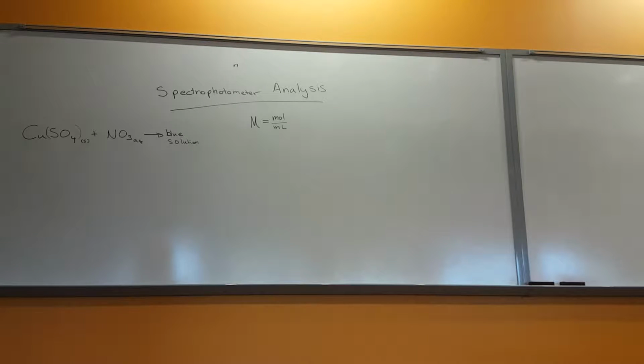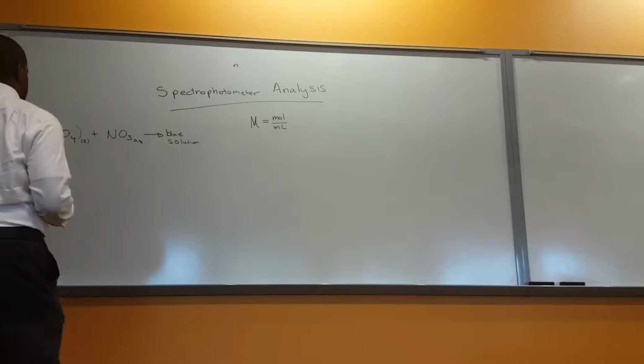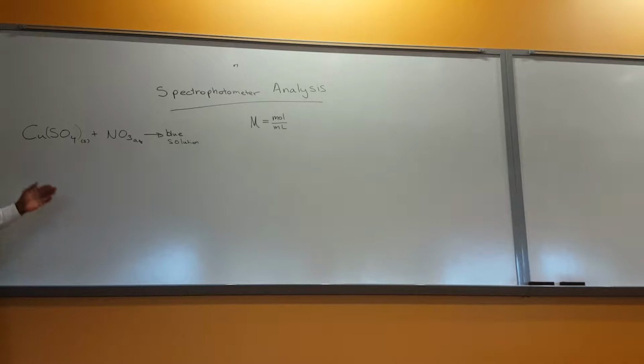So I can tell you, like in the problems we gave you previous time, if I say I want a 1 molar solution of copper sulfate in nitric acid, then that's a concentration.